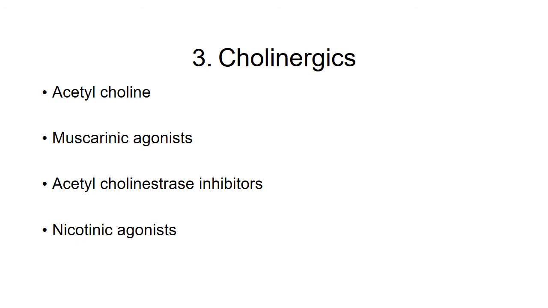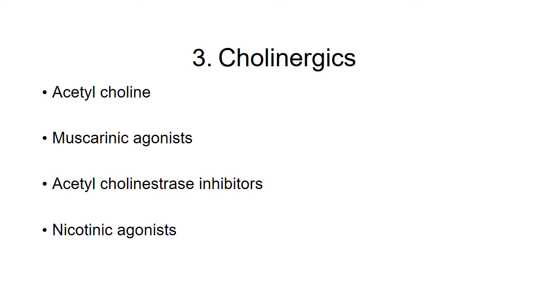Directly acting means it has action on muscarinic receptors, and indirectly acting means it increases the availability of acetylcholine. Muscarinic agonists, which are directly acting, are bethanechol, muscarine, pilocarpine, etc. It produces stimulation of acetylcholine release.